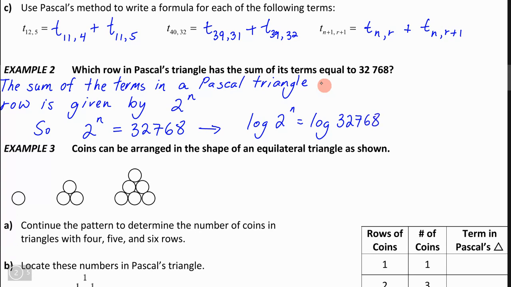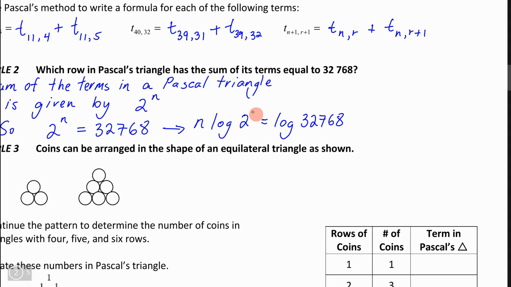And there's a rule in logarithms, if you may recall, that if you have a log of some argument, and that argument has an exponent, you can move the exponent to the front. So I can move this exponent n to the front and write it as n times log of 2, which is equal to log of 32,768, which would allow me to rearrange this for n by dividing both sides.